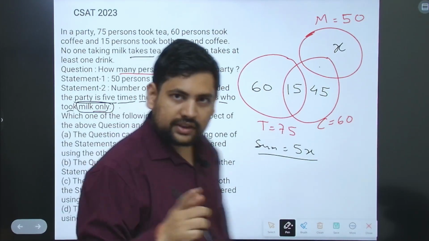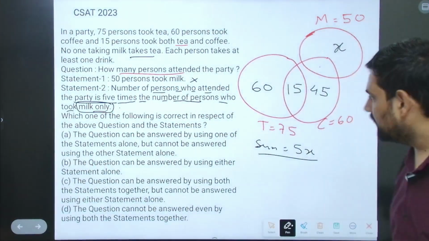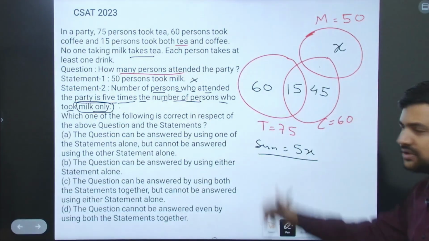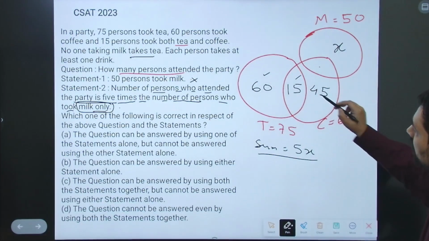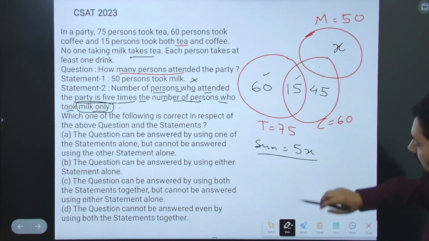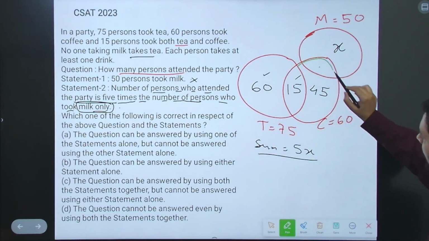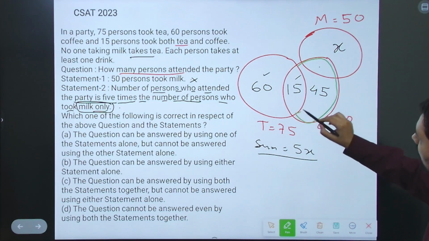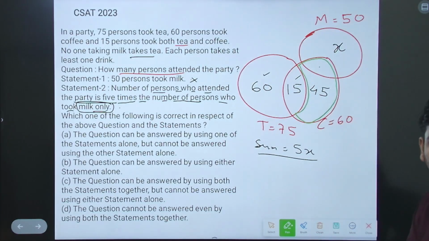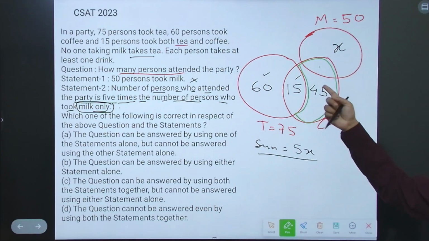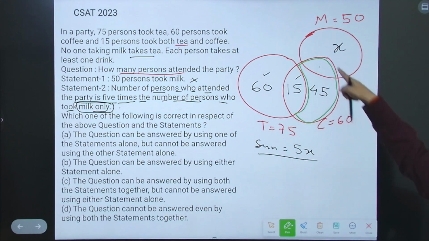Now see, now you can add all of them. Why? Because you can add 60, 15, and here this whole area, which was drawn before, is actually covered by this 45. So even though I don't know how many people drink both milk and coffee, I know this total area has to be 45.